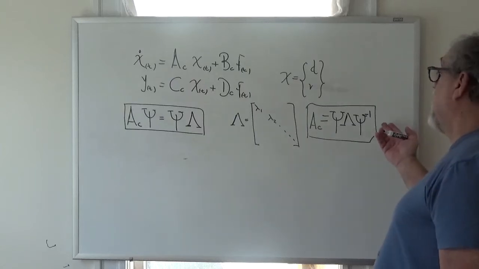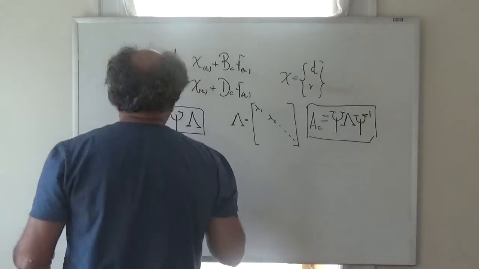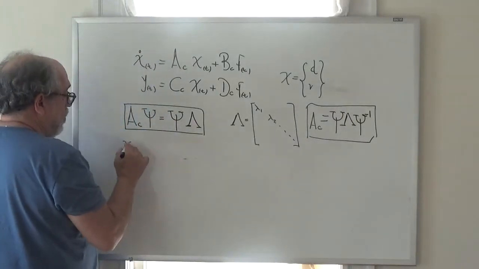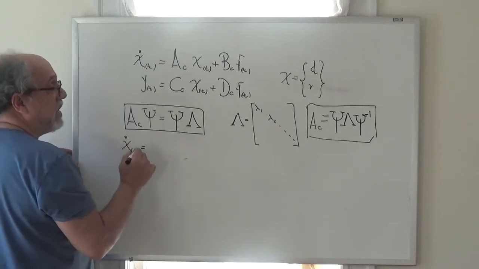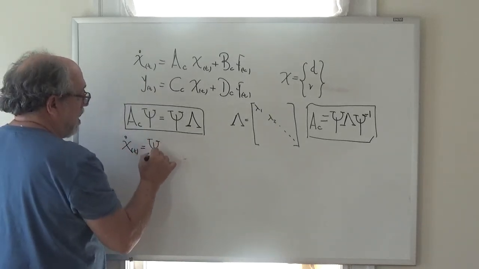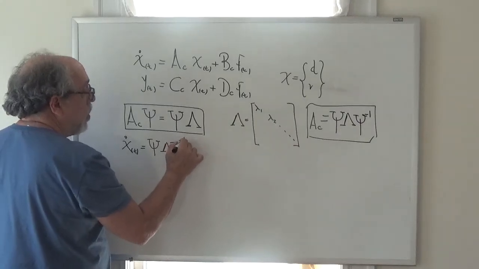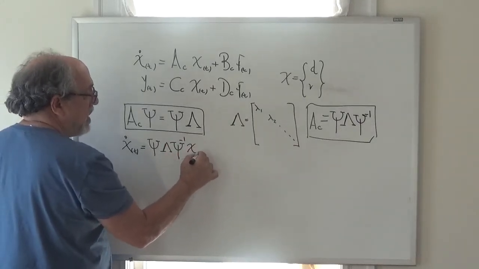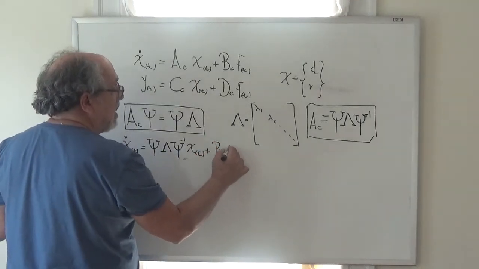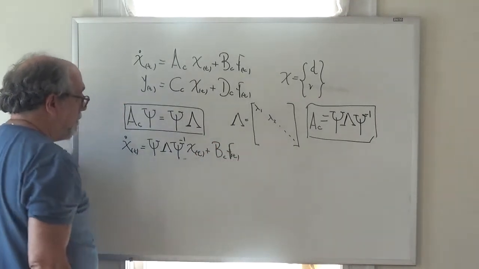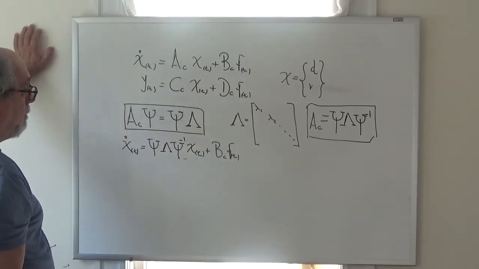We now take the equation of A_c decomposed and place it in the equations. And we get x dot, the derivative of the state, is equal to phi times lambda times phi to the minus 1 times x(t) plus B_c times f(t), right? And we don't have to do anything with the second one at this point.